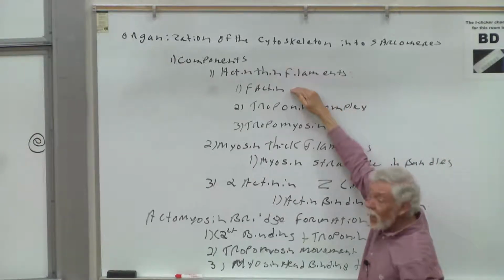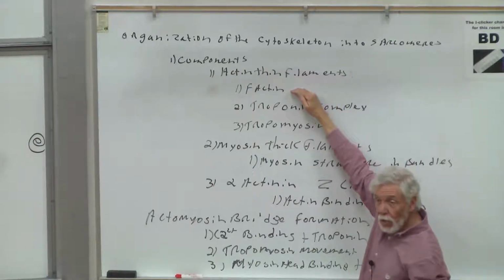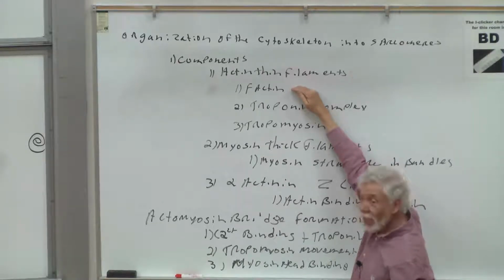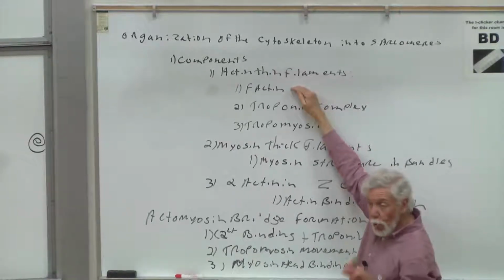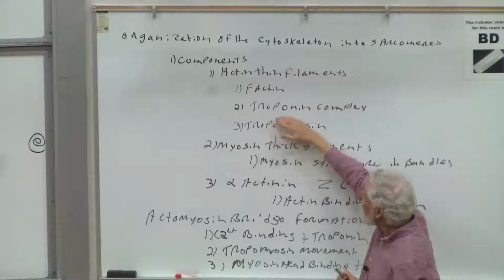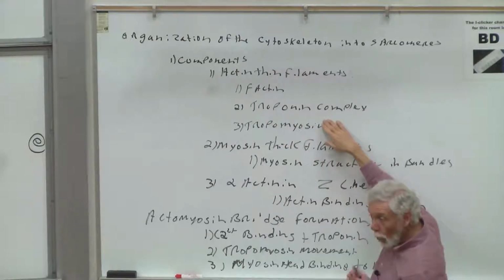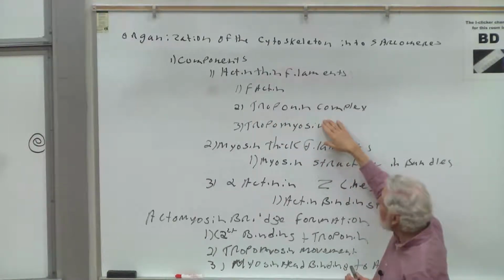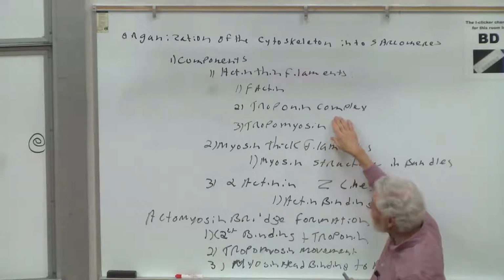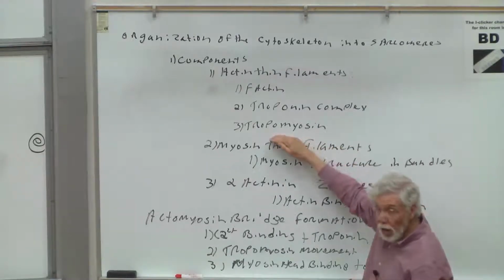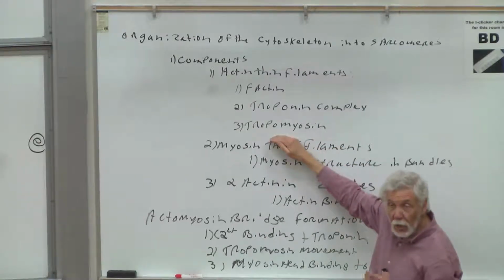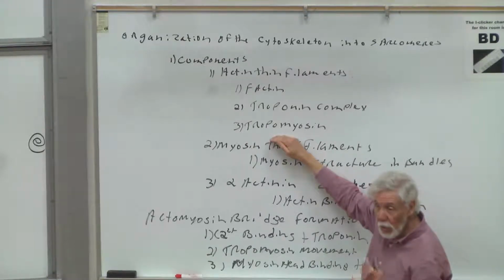But again, we're going to see a filamentous actin structure. Associated with this filamentous actin structure are also going to be two other important proteins. Troponin, which is organized in something known as a troponin complex. It's in fact a calcium binding protein. And tropomyosin, which we're going to see is a kind of shielding protein.